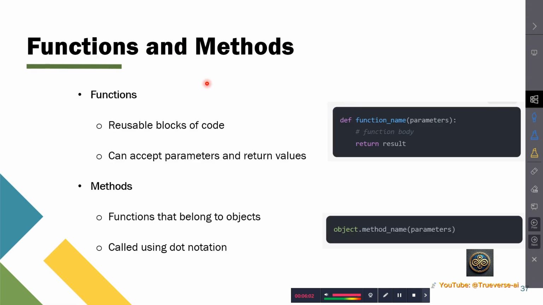Function and method, which is very important. Please pay attention to this part. A function is a reusable block of code. It's an algorithm, because a function is part of an algorithm, some action.